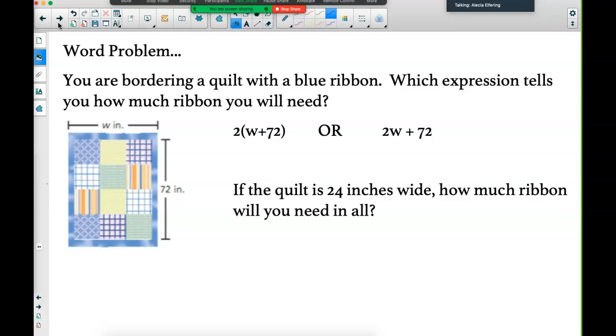Okay, so I'm going to put a 1 above this one and a 2 above this one. Those of you at home, type in 1 or 2. Which one do you think you would need? Those of you here, give me a 1 or a 2. Which expression do you think you would use? You've got to pick one or the other. You can't do both. Would you say expression 1 or expression 2?